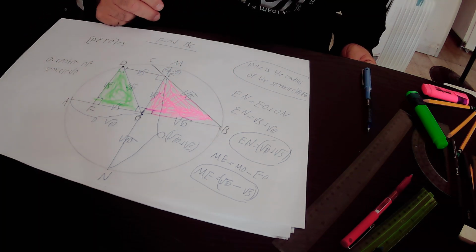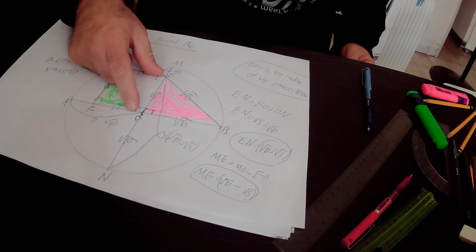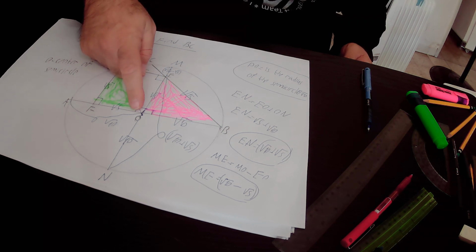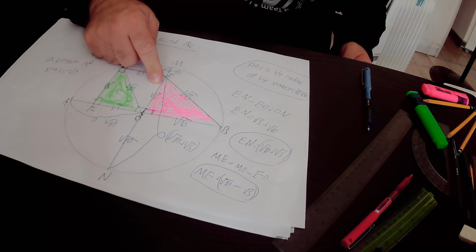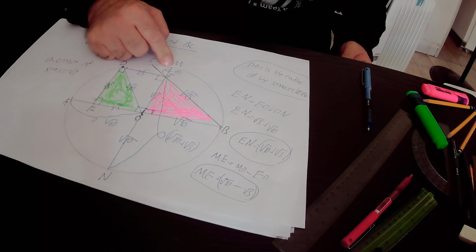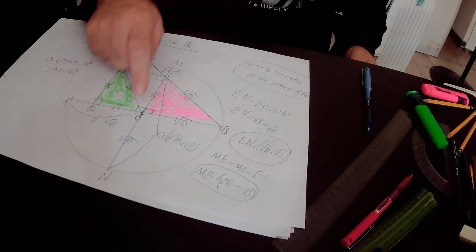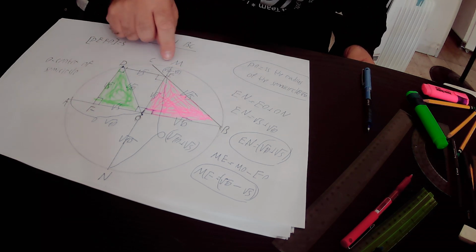In the next step, we extended side EO on both sides. We extended line segment OE into the upper side by a straight line until it touches the circle at point M. Point M is the touching point between the extended OE and this circle.